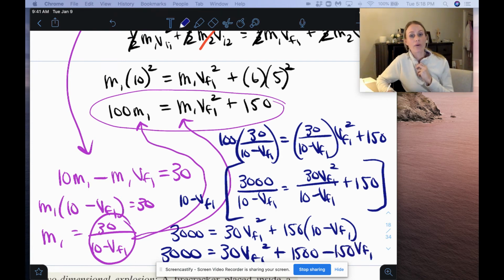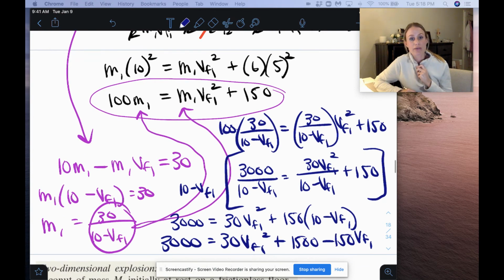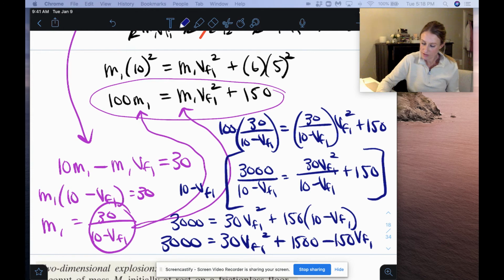And now this is pretty ugly. What we're going to do now is divide every single term here by 30, because 30 goes into every single one of those. I'm going to open up a new page.